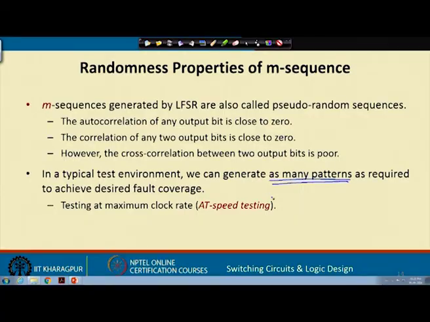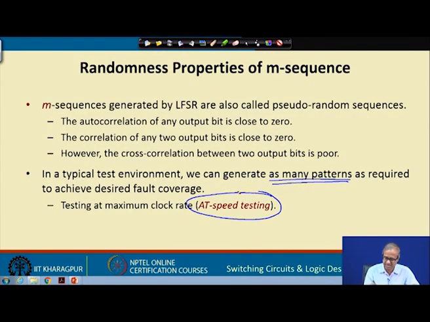The test patterns can be generated at the maximum rated frequency of the circuit, let us say 1 gigahertz, 2 gigahertz, whatever it is, and this is called at speed testing, that we are testing the circuit at the maximum clock rate. This is another advantage. Many of the timing errors also get detected in this process.